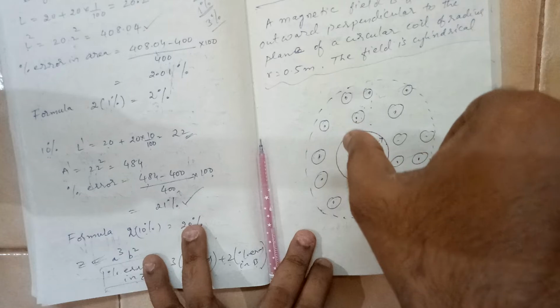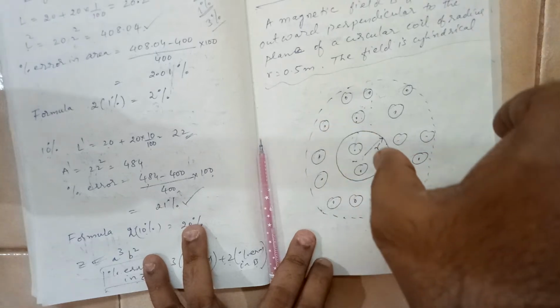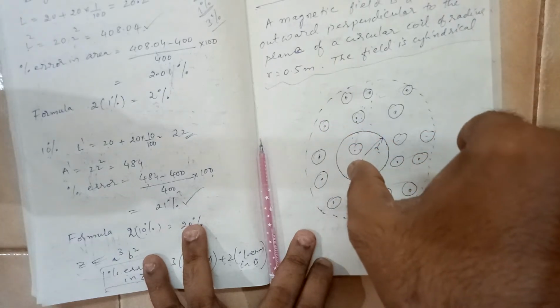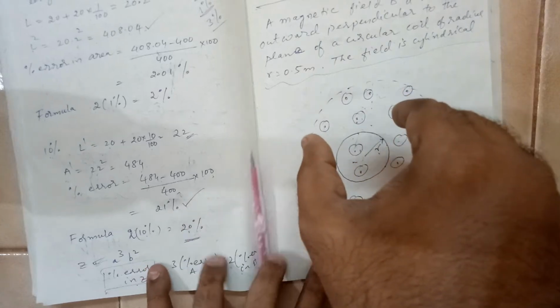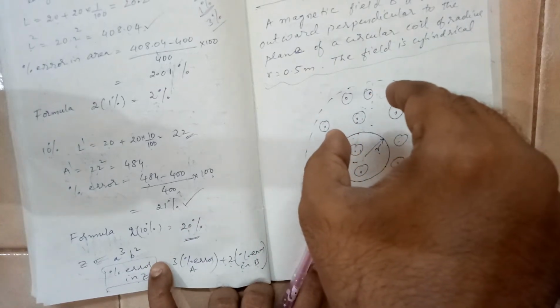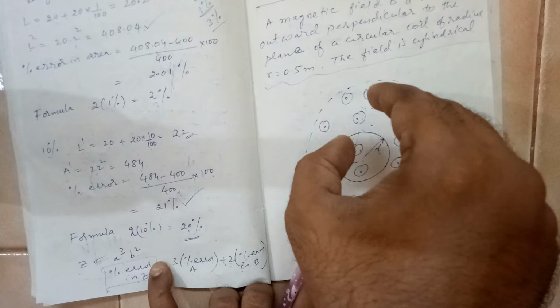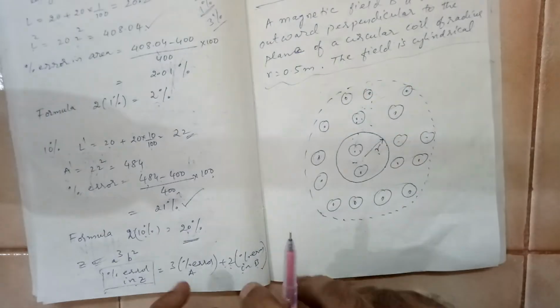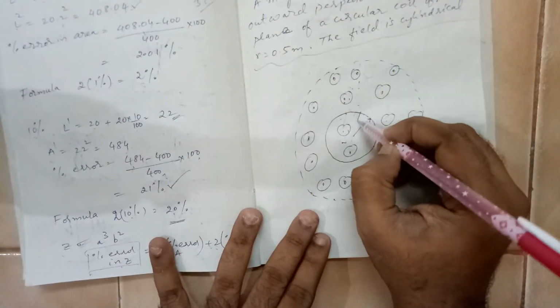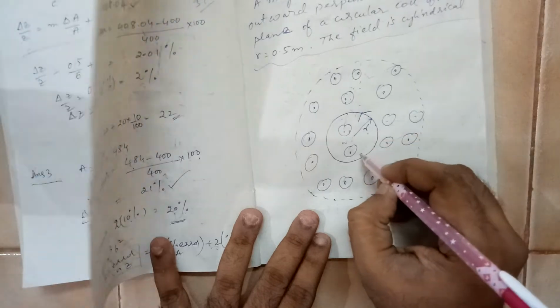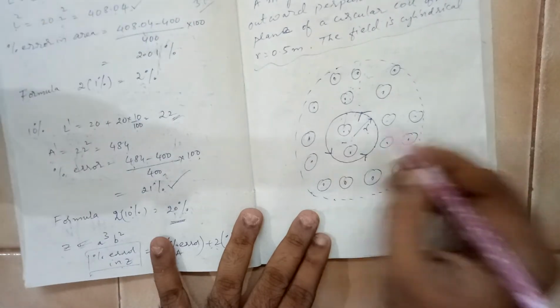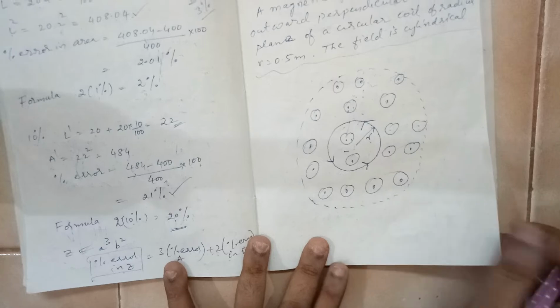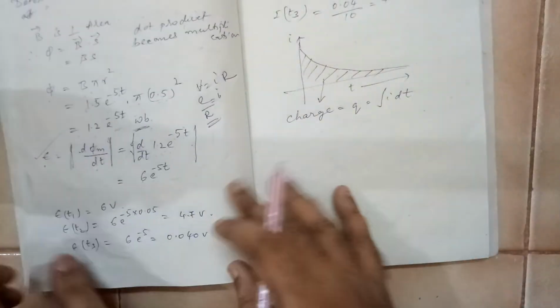That means you have to place the thumb pointing into the page. When you do that, the other fingers are curling counterclockwise. So the direction of current here will be counterclockwise. Alright, this is the direction of the current.